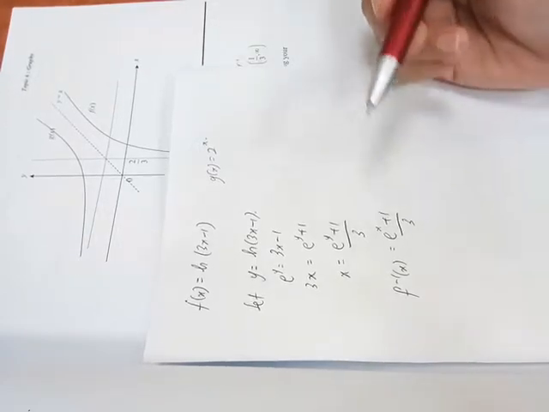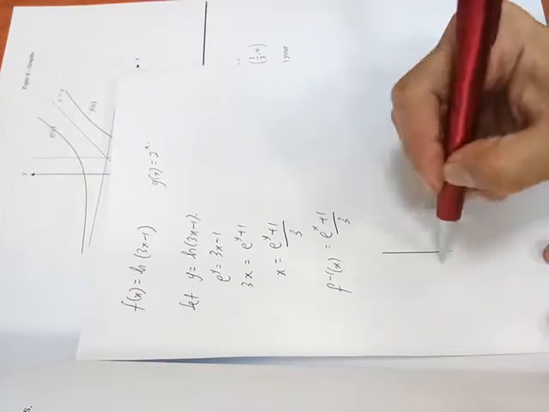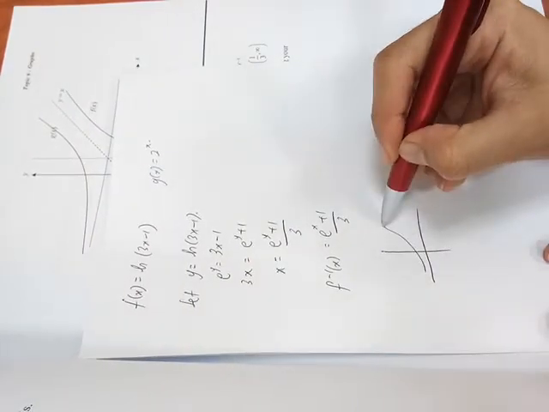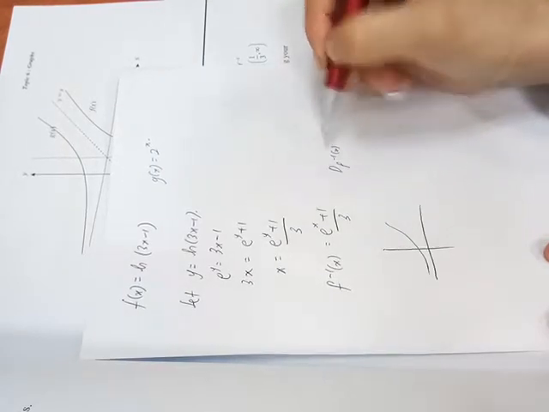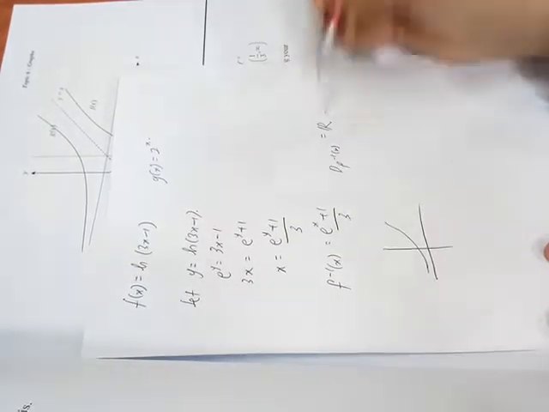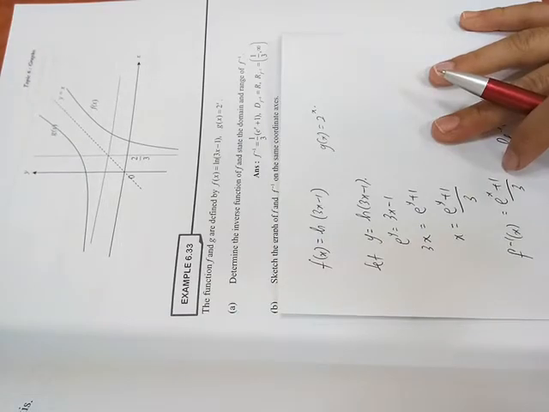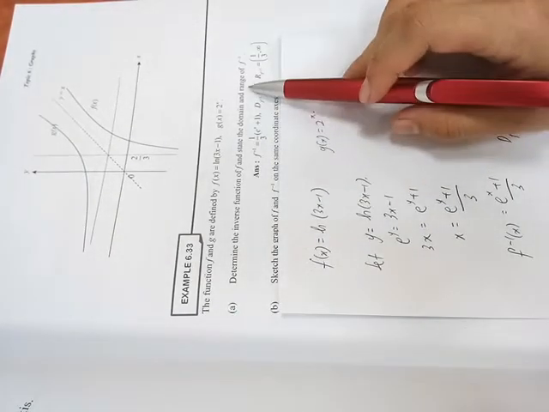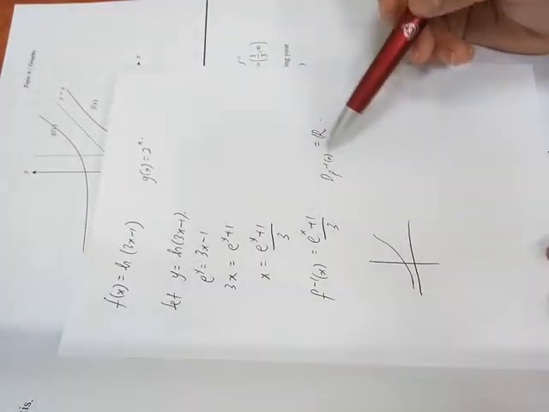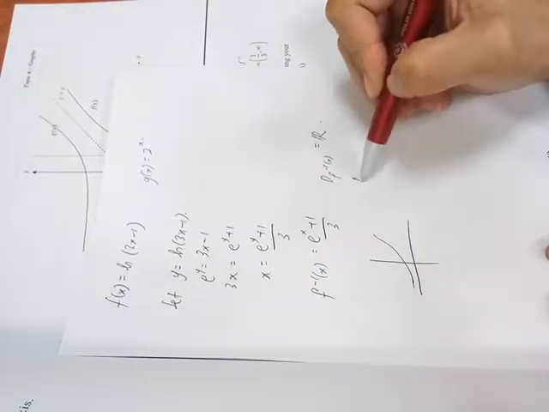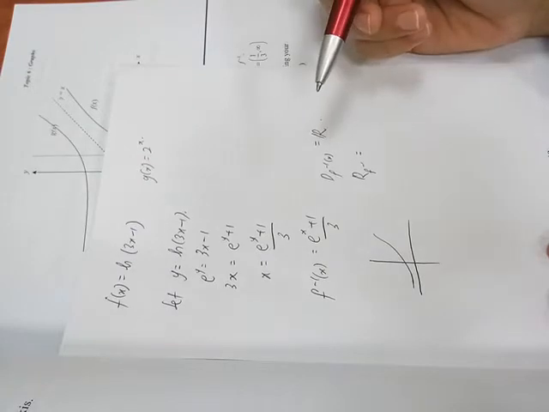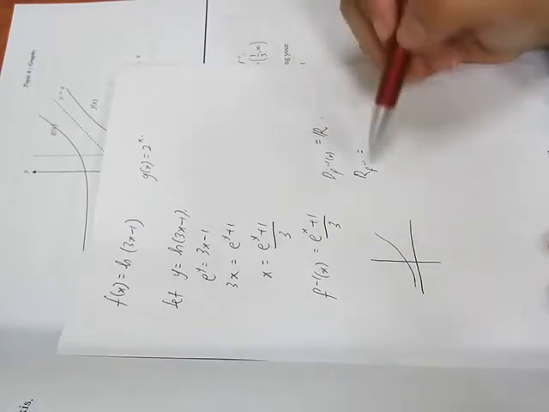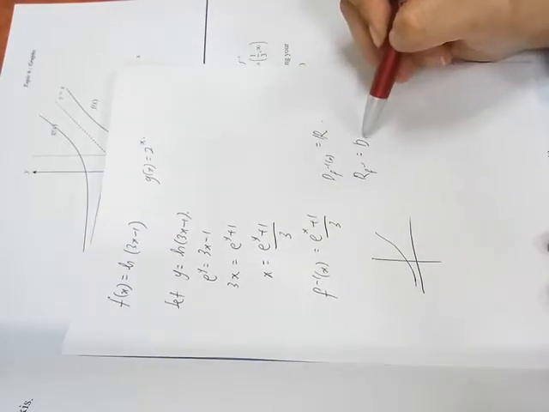You may imagine that the graph of the exponential will be like this, right? So the domain of this is real. They want the domain and range of f inverse. So the domain of this graph is real, and the range of f is similar to the domain of the original function. Remember, the range of f inverse is the domain of f.